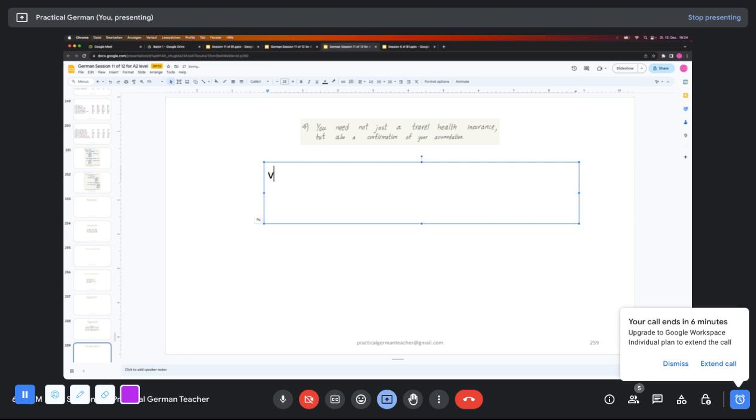Die Versicherung. Okay, let's go with Versicherung. And what is health? Krankenversicherung. What is travel? Reisen. This is Krankenversicherung. The verb. Die Reise. Reisen oder Reise? Die Reise für Krankenversicherung. Ja.